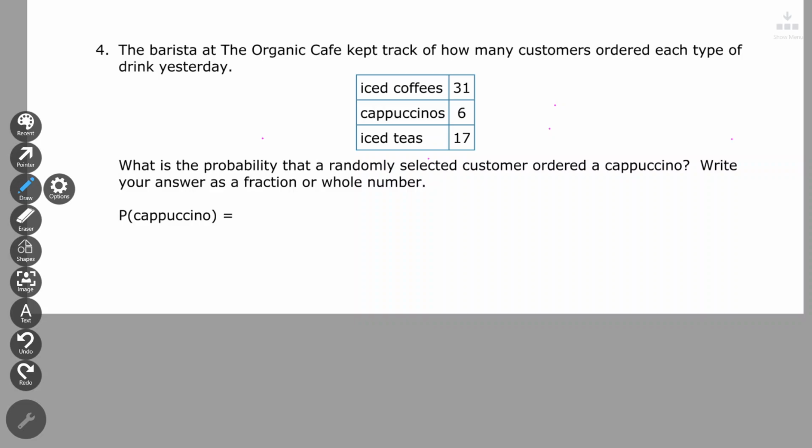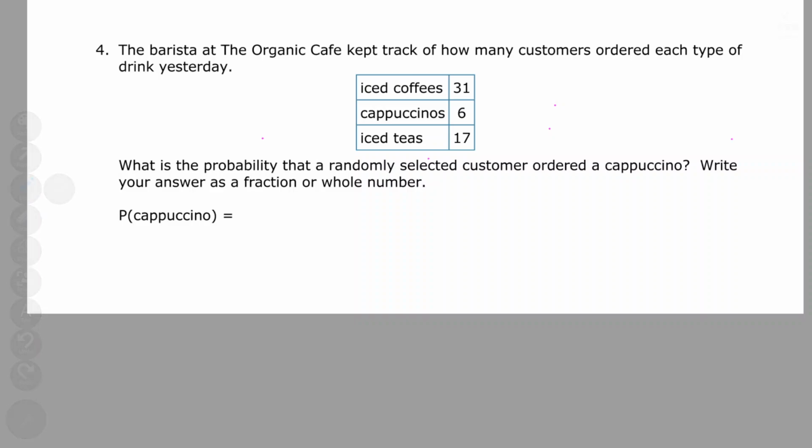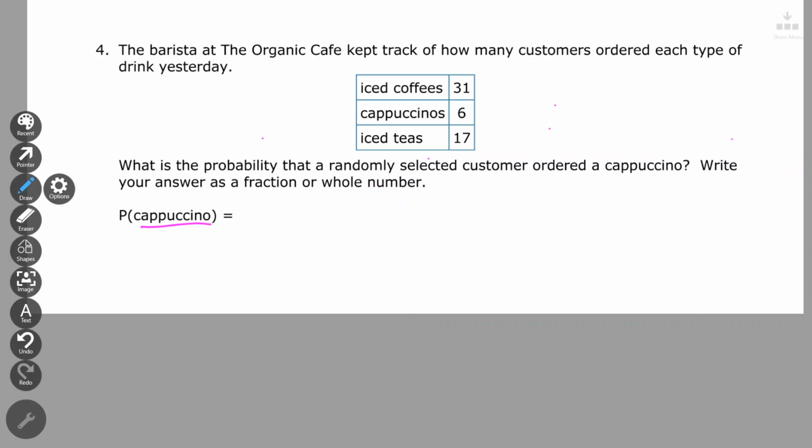What is the probability that a randomly selected customer ordered a cappuccino? Write your answer as a fraction or a whole number. All right, so we need to look at the cappuccinos. So we need to put the cappuccinos on top, and I'm just going to abbreviate, over the total number. Okay, so the number of cappuccinos that were ordered were 6 over the total number.